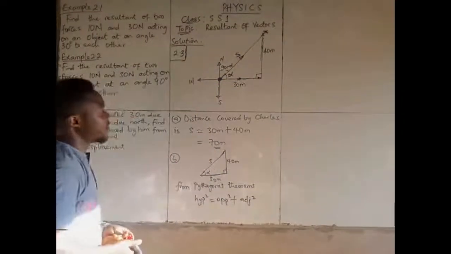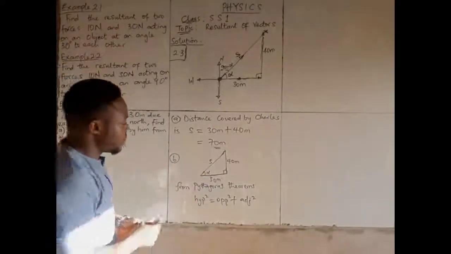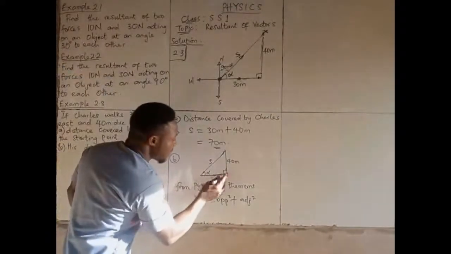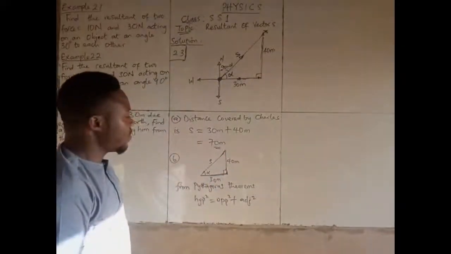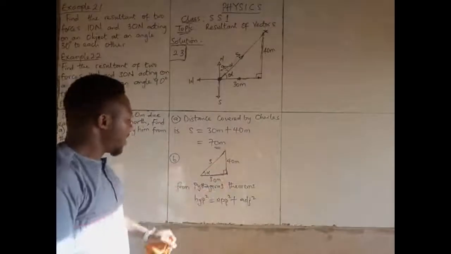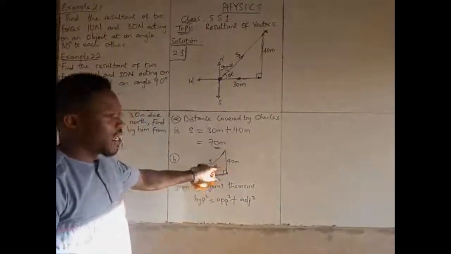You can also develop this Pythagoras theorem from the previous example we just saw, using the angle to be 90 degrees this time around, and you will get the Pythagoras theorem. But we don't want to go through that again, and that is why I just use the Pythagoras theorem directly, since the triangle is a right angled triangle.